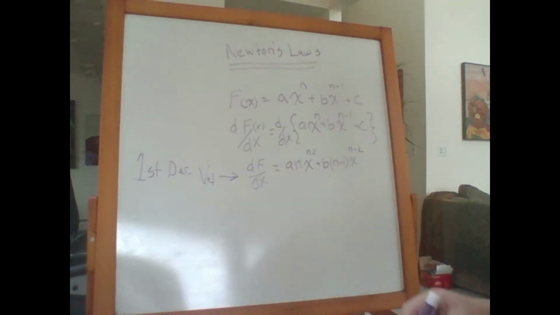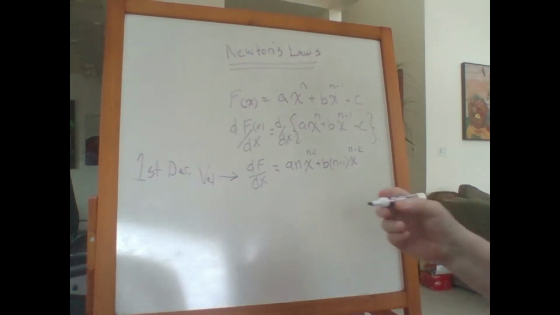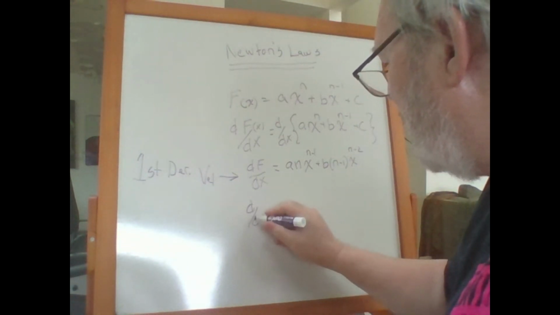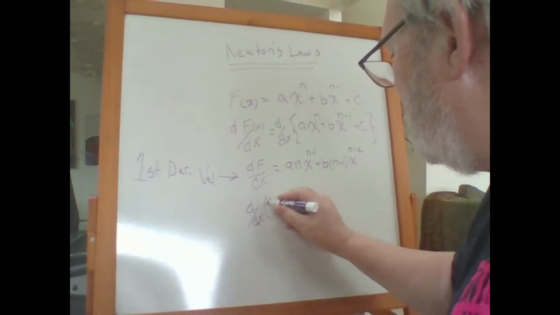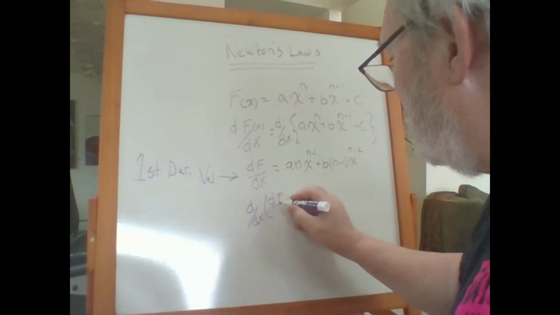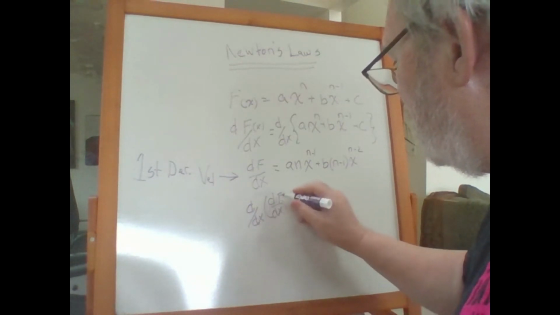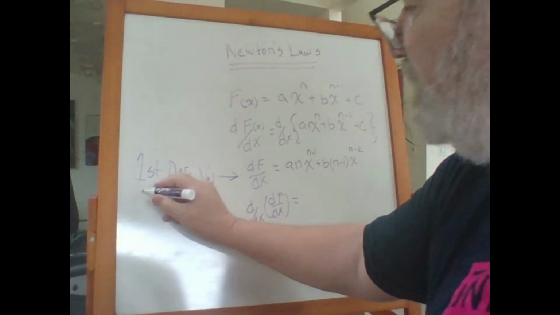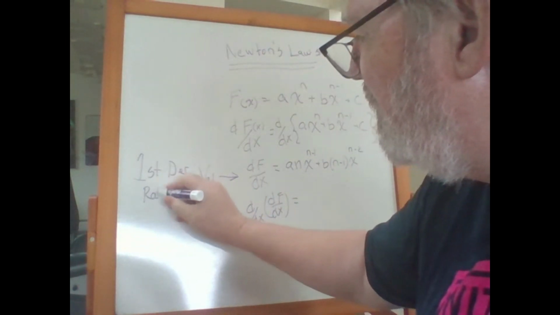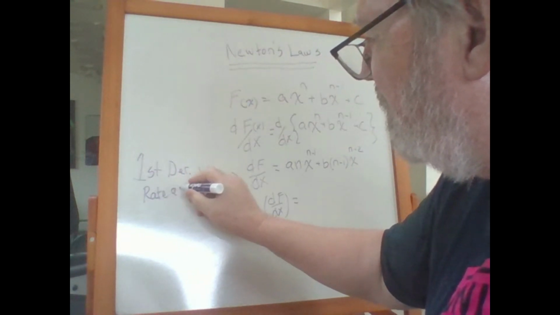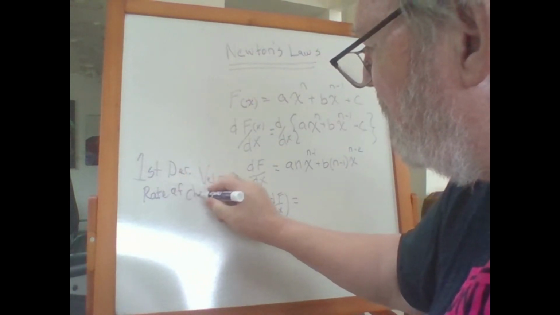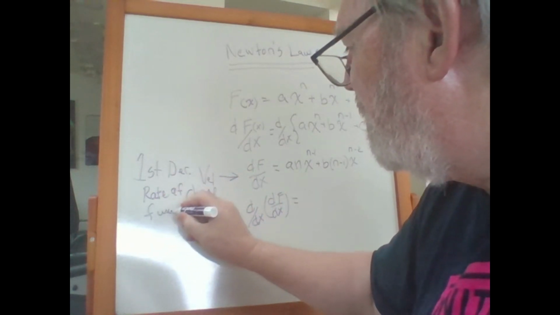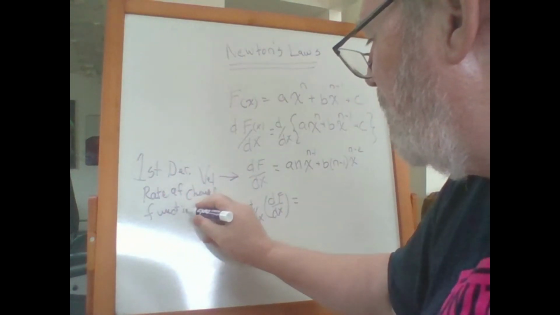And now, if we take a second derivative, d/dx of df/dx, this is the rate of change of the function at any given point along the function.